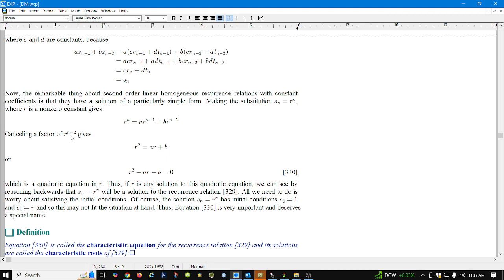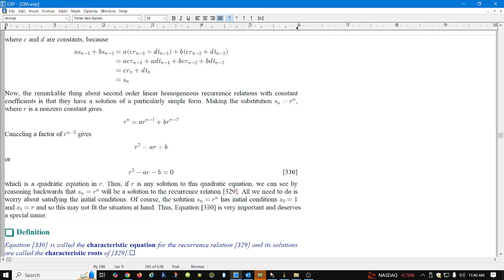Canceling r to the n minus 2 gives us a nice little quadratic equation in r. So if r is any solution to this quadratic equation, then we can reason backwards. Then this holds, so this holds, so this holds, and r to the n is a solution to the recurrence. All we need to do then is worry about dealing with the initial conditions.